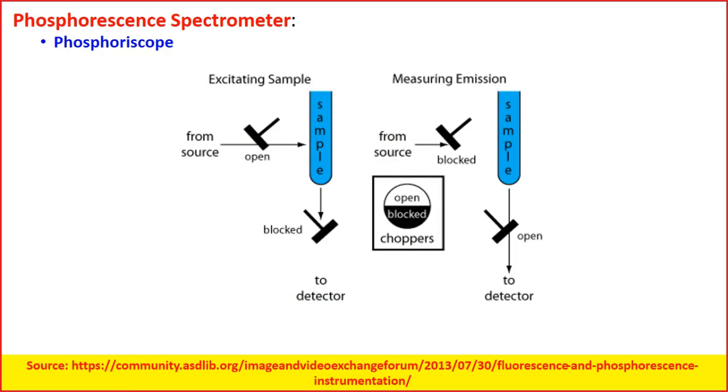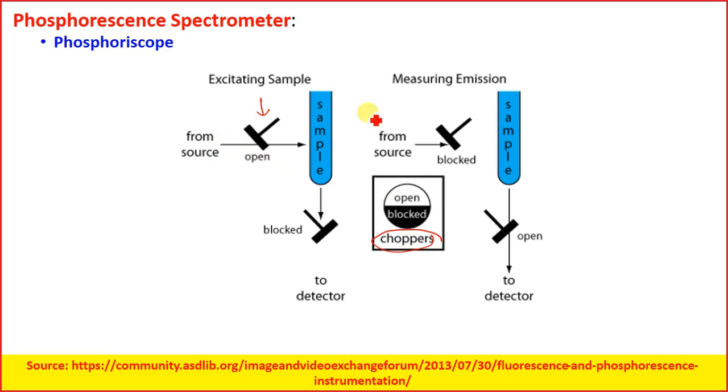Then the phosphorescence spectrophotometer. So how to detect that? If you see, there are two blockers or choppers. These choppers are 50% open and 50% blocked.